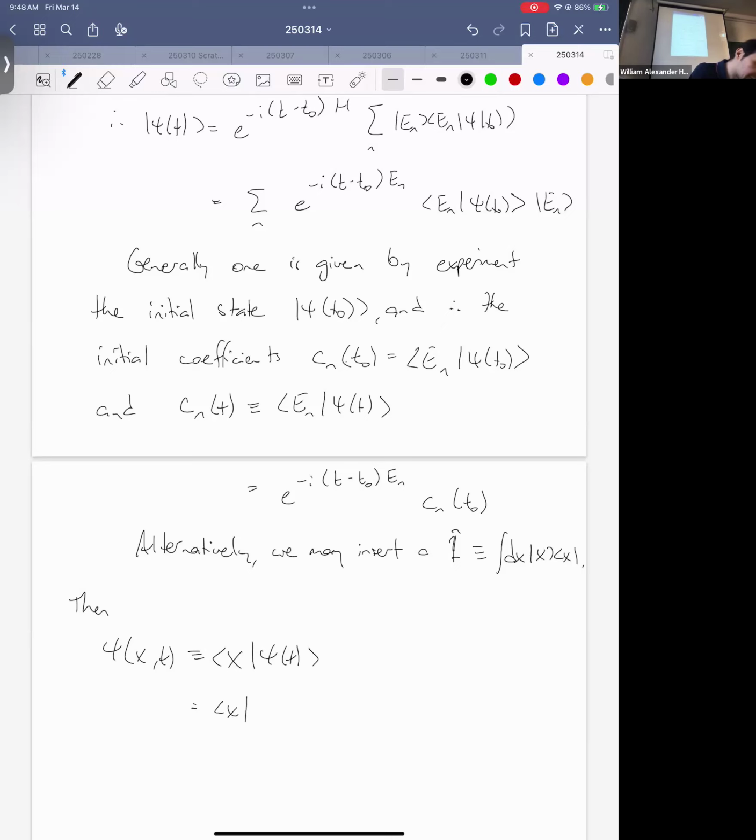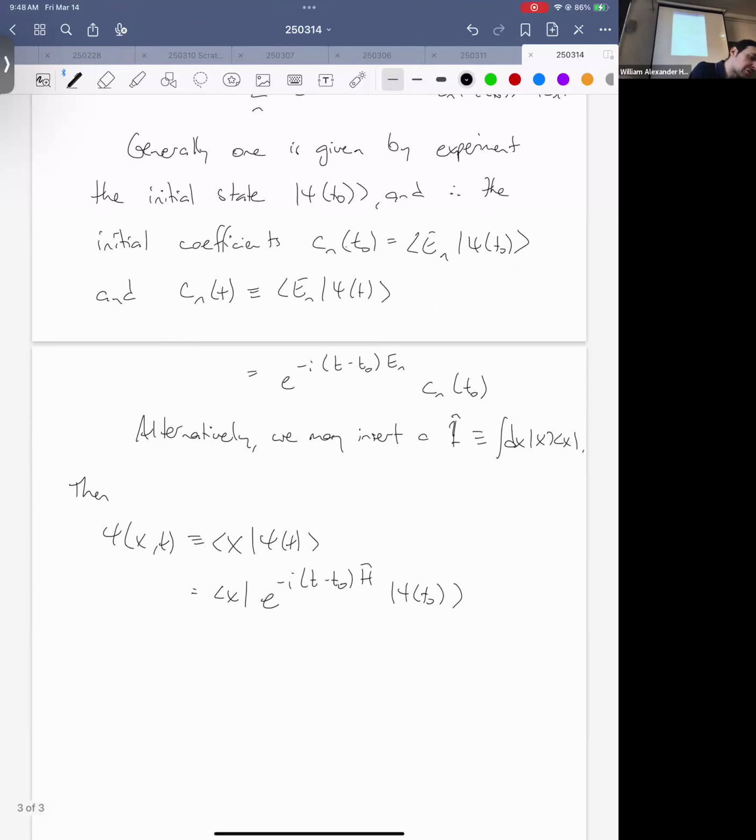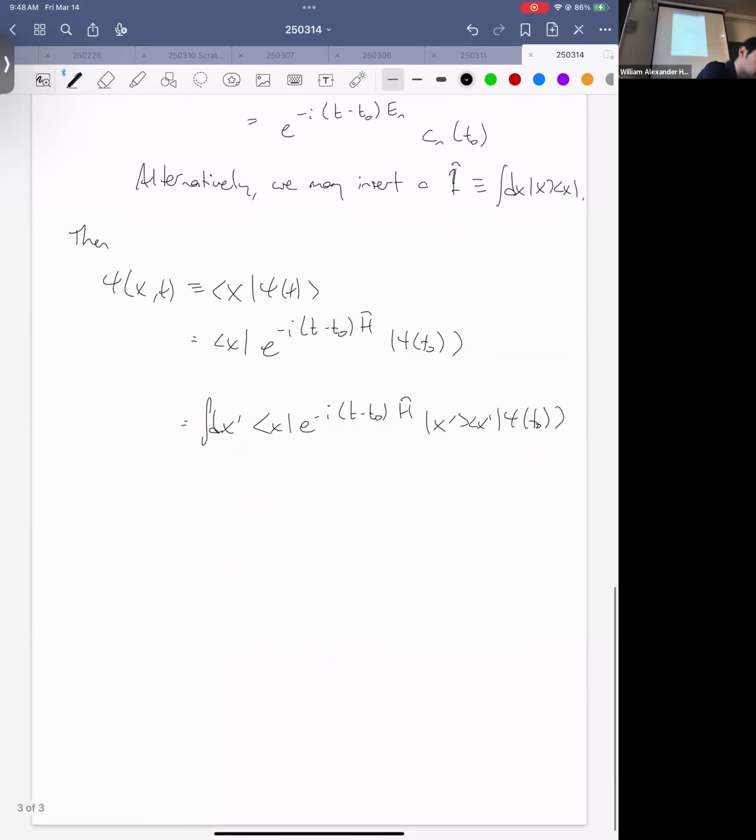So this is x and then e to the minus i (t minus t0) Hamiltonian, psi of t0. And now we can insert our 1. And this object here on the right, this is our psi of x prime, t0.